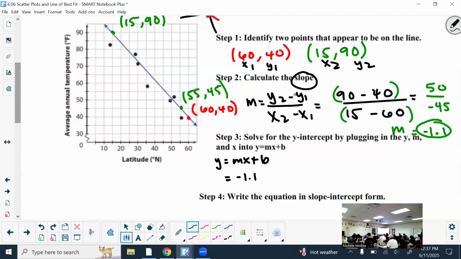The x and y we can get from one of the points we used. So say we choose 60, 40. I like the numbers a bit better. That would be 40 for the y, 60 for the x, and then plus b, we're solving for b. So on the left, it's still 40. On the right, I need to do negative 1.1 times 60.